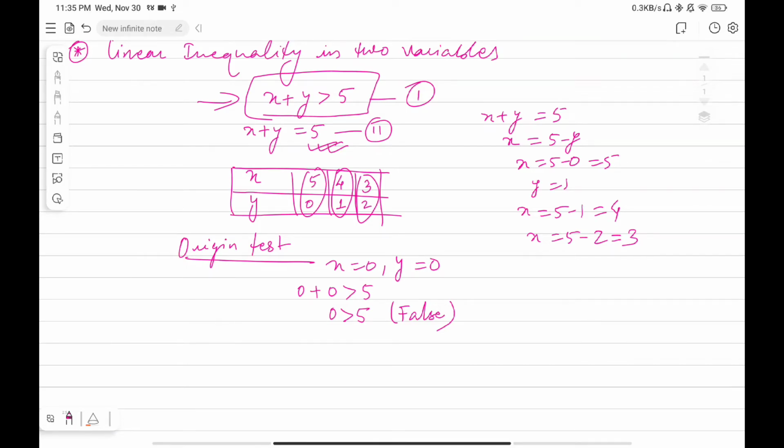Now what happens if it is greater than or equal to here? If this sign is there, we have to understand that the region represented by this inequality also contains the points on the boundary line.